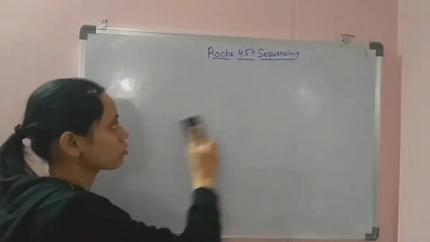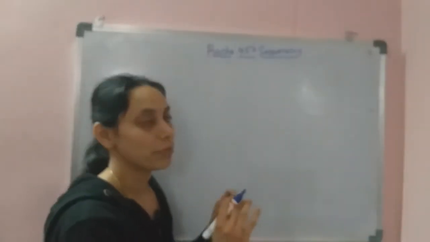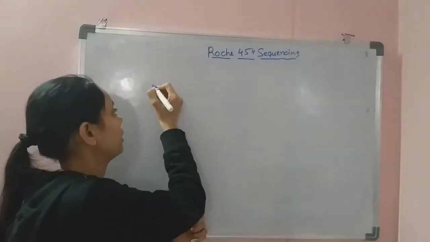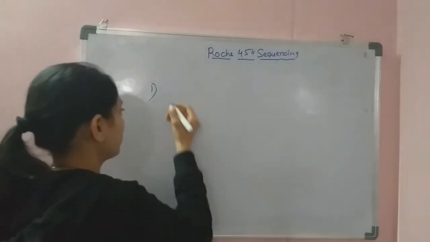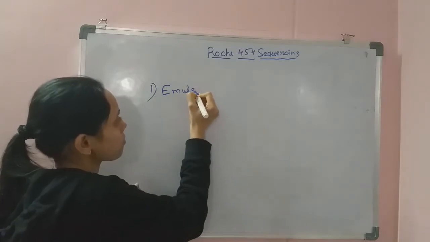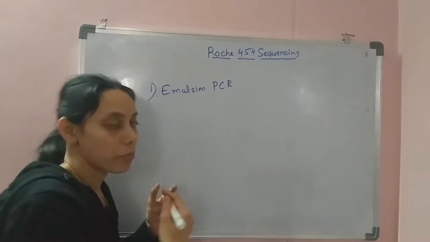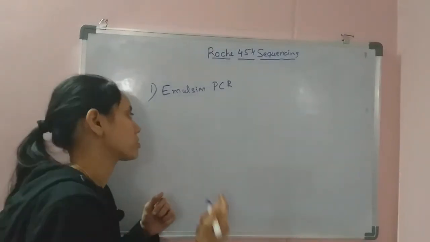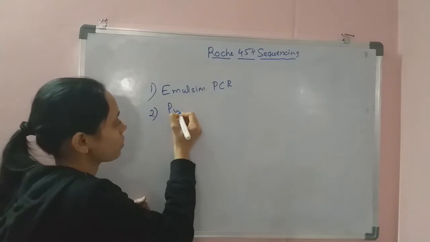In Roche 454 DNA sequencing, the basic steps are: once you isolate the DNA, you need to go for emulsion PCR to amplify the DNA fragments. And next is pyrosequencing.